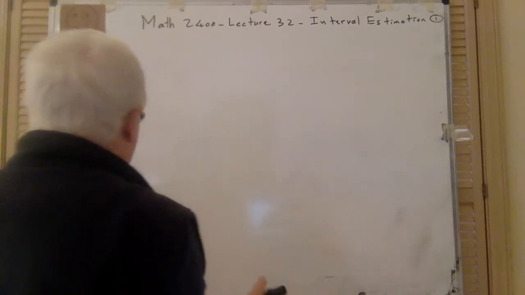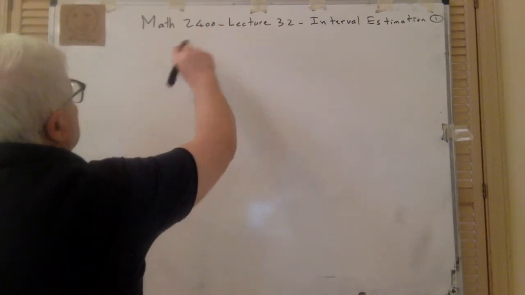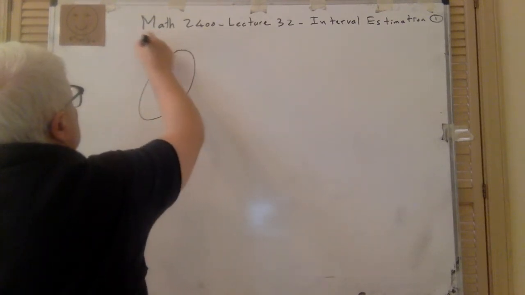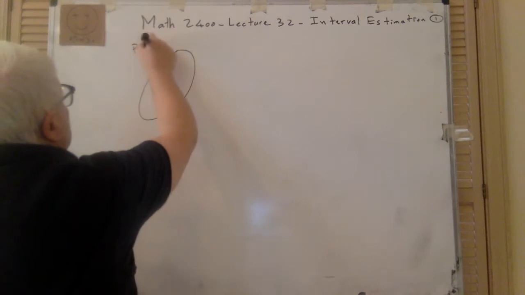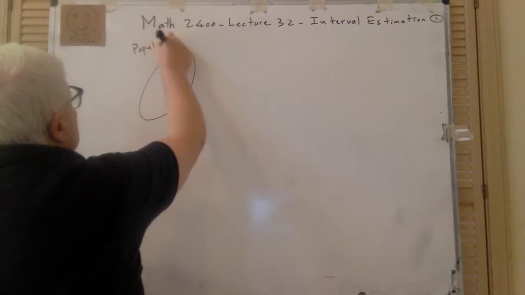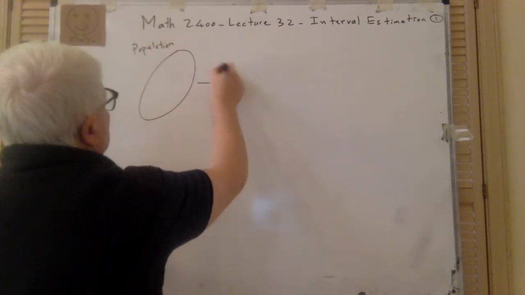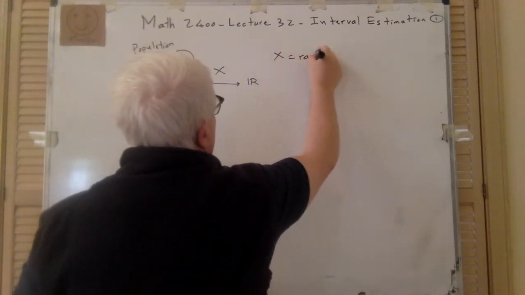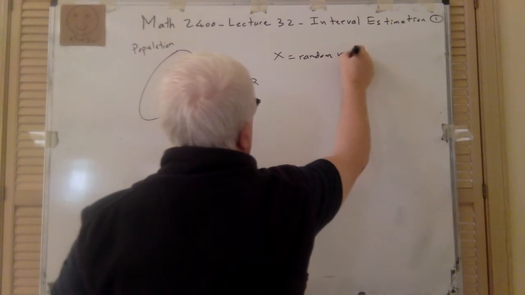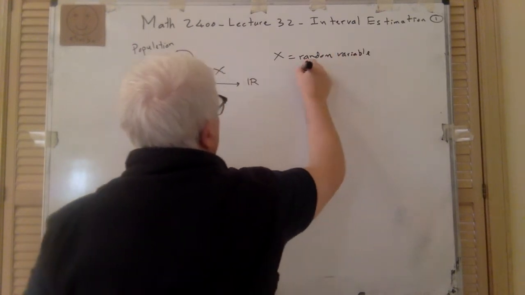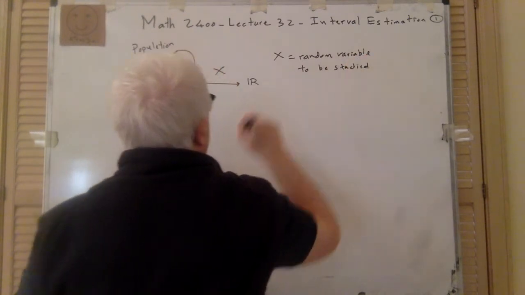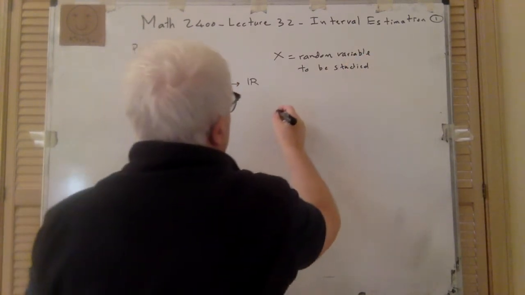Okay, let's go back to what we have. So we have a population here, and we have a random variable. And we have a sample.